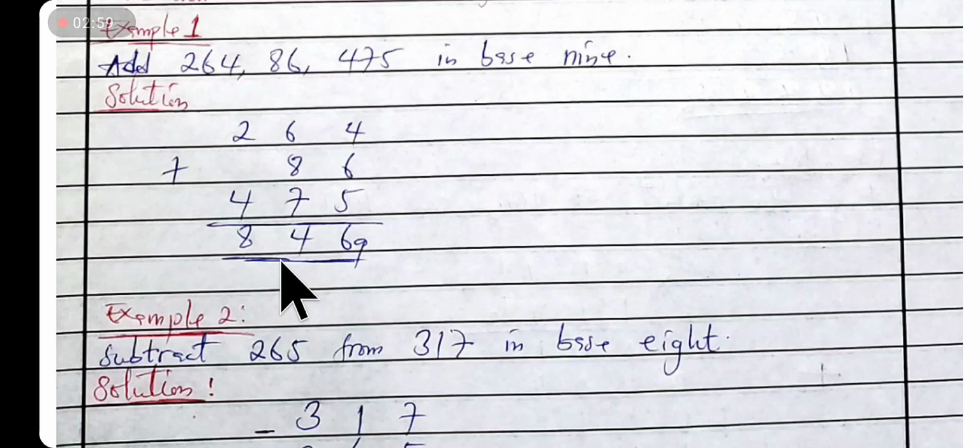If you have 22, how many times can 9 enter into 22? 9 can enter into 22 2 times. 2 times 9 is going to be 18.